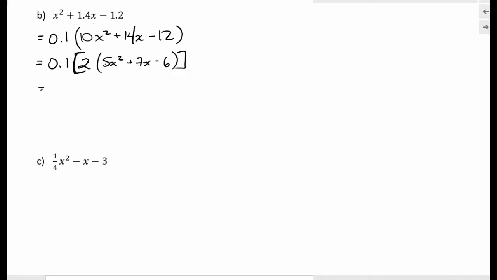I usually just try and get rid of my decimals, and then I deal with everything else. It's just a personal preference. Okay, these two pieces together, because they're just two numbers multiplying, can be put together, so 0.2. But otherwise, I'm dealing with 5x squared plus 7x minus 6, which is a complex.